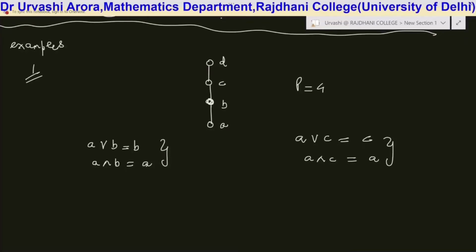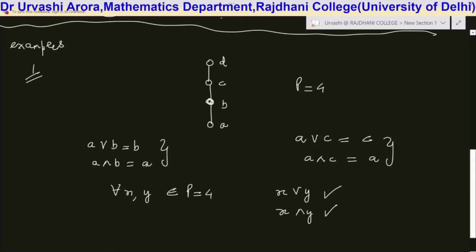Likewise, you can pick any pair of elements in the chain 4, and for any pair of elements x and y that you choose in P, which is the chain of 4 elements, you will see that the join of x and y will always exist, and the meet of x and y will always exist, which means that the given poset P, which is a chain of 4 elements, is a lattice. In fact, here we have precisely taken P to be a chain of 4 elements, but the number of elements is not important in this chain.